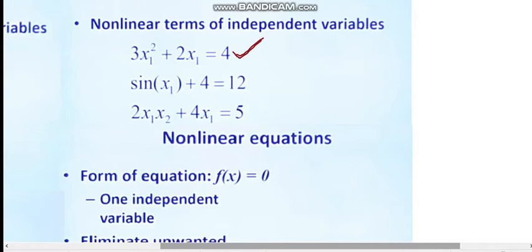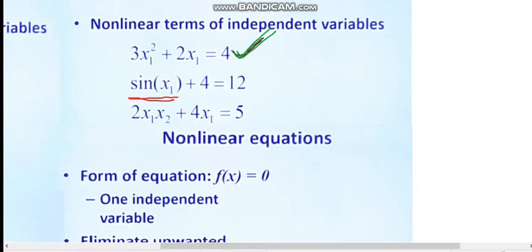For example, in this case your independent variable's power is equal to 2, so it becomes a nonlinear equation. So the power should not be equal to 1. In other cases, you may have a trigonometric function in your equation. In that case also the equation becomes nonlinear.